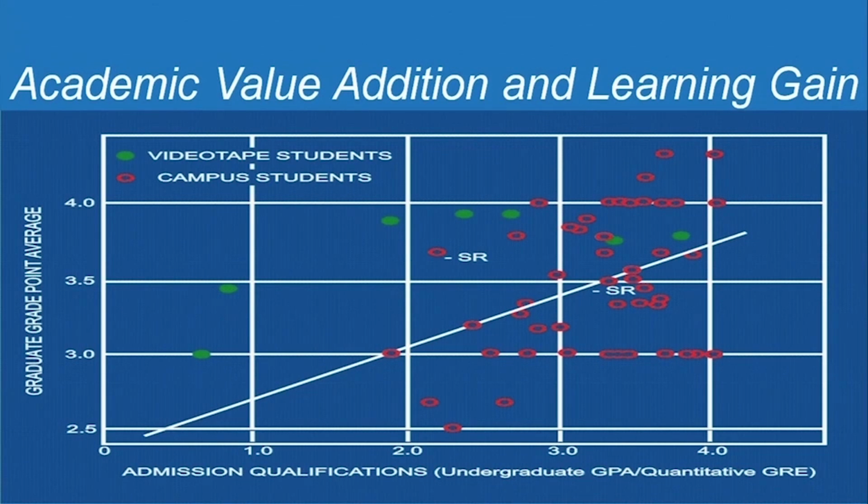So, how many videotape students do I have? We have 1, 2, 3, 4, 5, 6, 7 videotape students in this particular graph. But later on there are hundreds and hundreds of students. In this particular one, there are 7 videotape students.